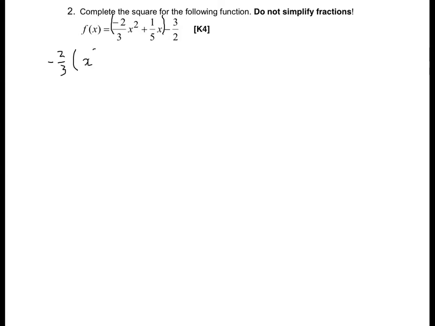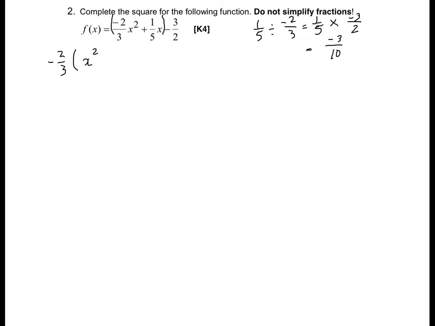So x squared. Now 1 over 5 divided by negative 2 over 3 is the same as 1 over 5 times negative 3 over 2. You flip the second one, this becomes negative 3 over 10.